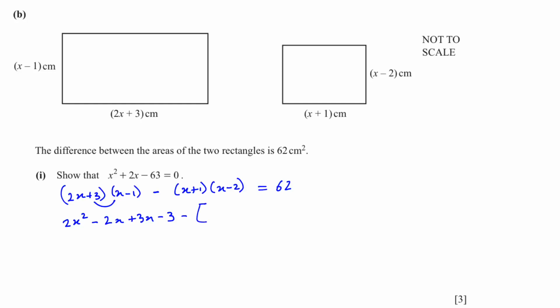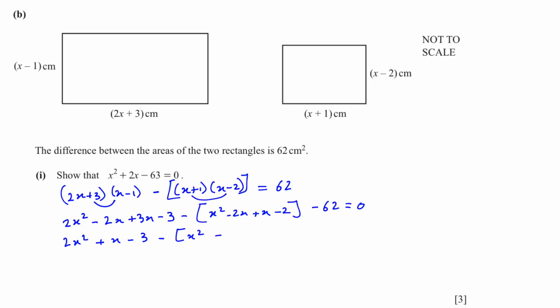When you have a negative here, it's better to put a bracket and then you expand the other brackets. So x times x is x square, negative 2x plus x minus 2, and the negative 62 I'll bring to this side. Let's simplify it. Plus x minus 3 minus x square.